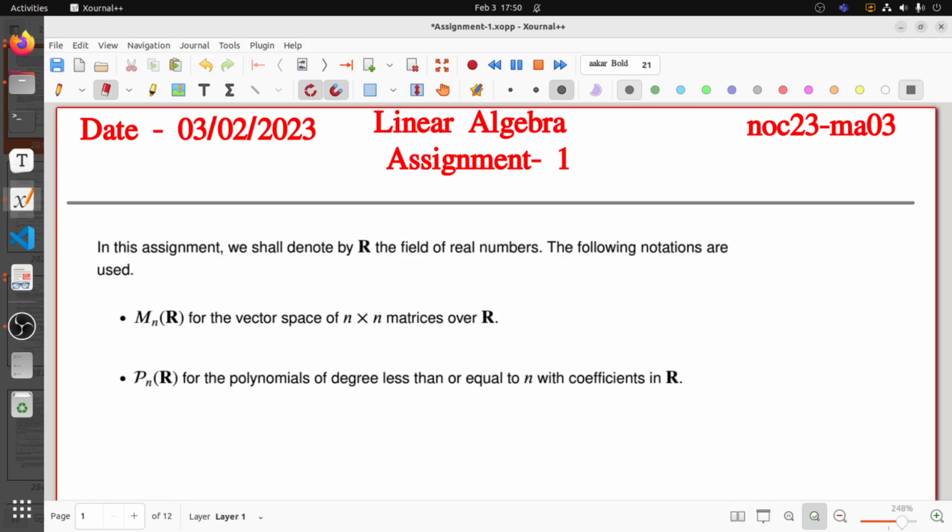Infinite subset means it will contain at least one element. So there exists (a, b) belonging to T which is non-zero. That means T is non-empty, right?